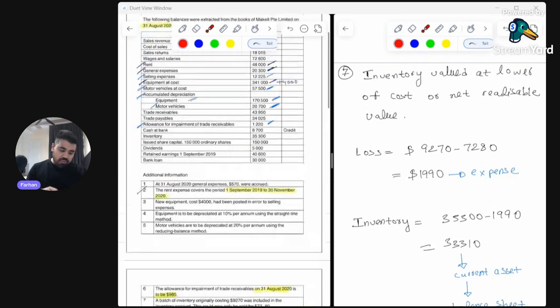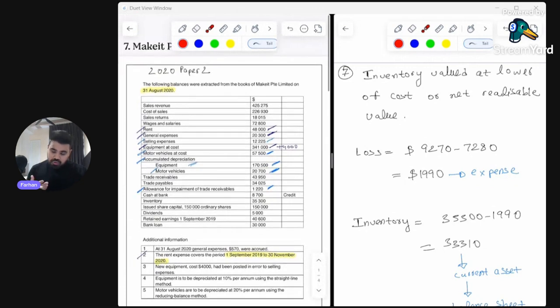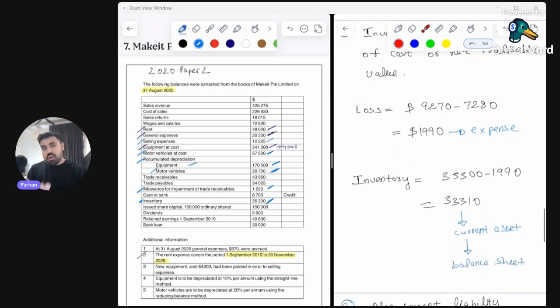Next, the amount of inventory needs to be reduced by $1,990. Now, also remember that inventory is a current asset because we know we can sell this batch and convert it into cash pretty quickly, maybe in the next financial year. All right. Now, what's the amount for inventory given here? So inventory is given at 35,300, and we know this is a current asset.